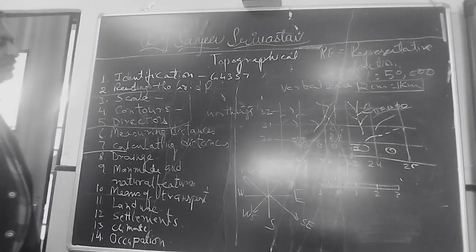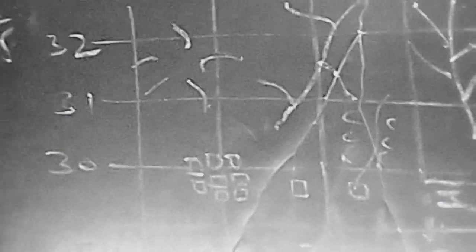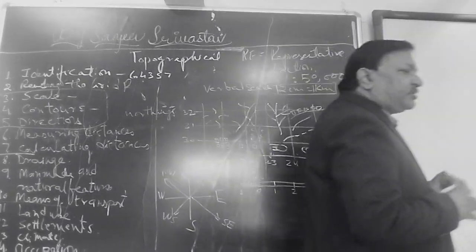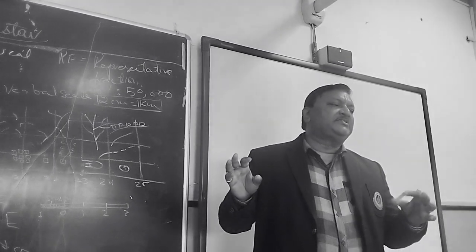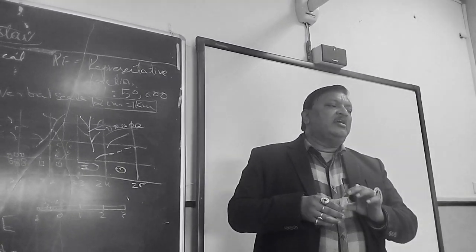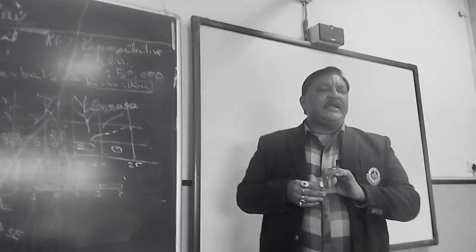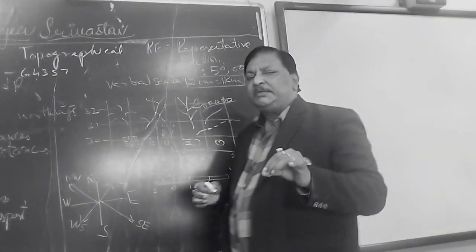Now, the last topic of this topographical map extract is the occupation of the people. What kind of occupation will they have? Naturally, it can be seen by what kind of map it is. Suppose the map has a yellowish area, then this yellowish area tells you that agricultural work is being done, and in that yellowish area you will find blue dots also, and these blue dots represent perennial wells.